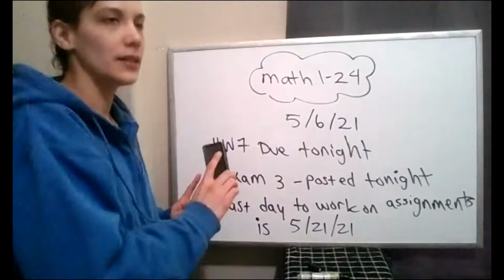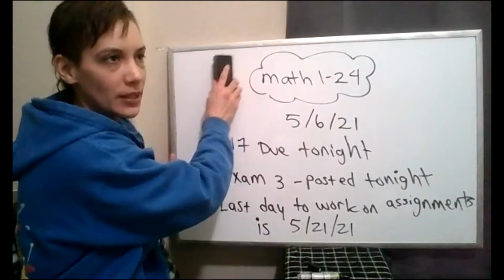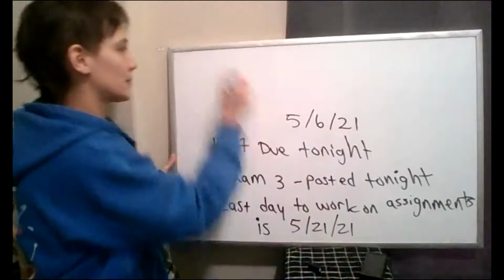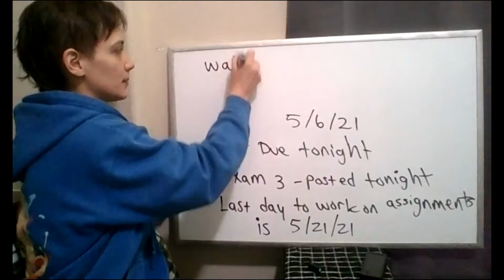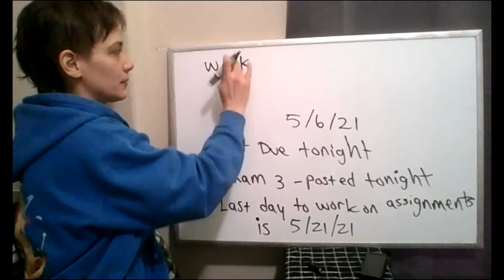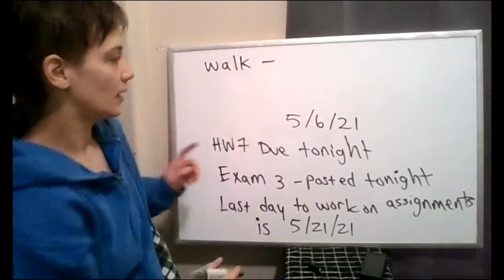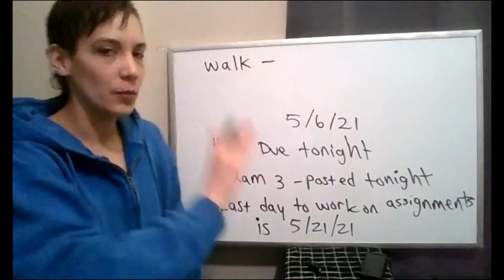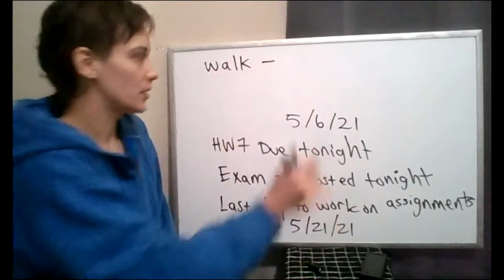So back to some notes where we talked about a walk. It's a sequence of vertices where you go from one vertex to the next through an edge.